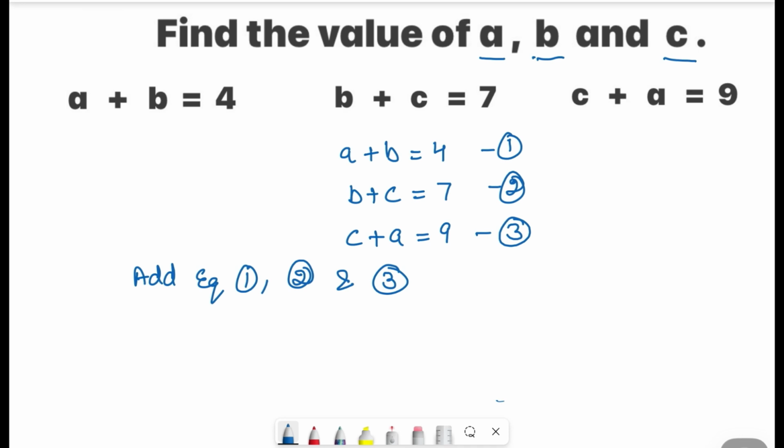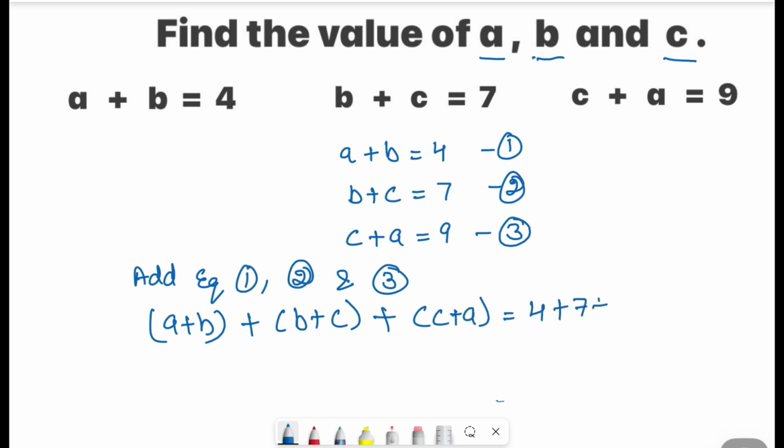So our equation 1 is a plus b, equation 2 is b plus c, and the equation 3 is c plus a is equal to 4 plus 7 plus 9. Now we will open all the brackets. Now our equation will become a plus b plus b plus c plus c plus a is equal to 4 plus 7 plus 9.